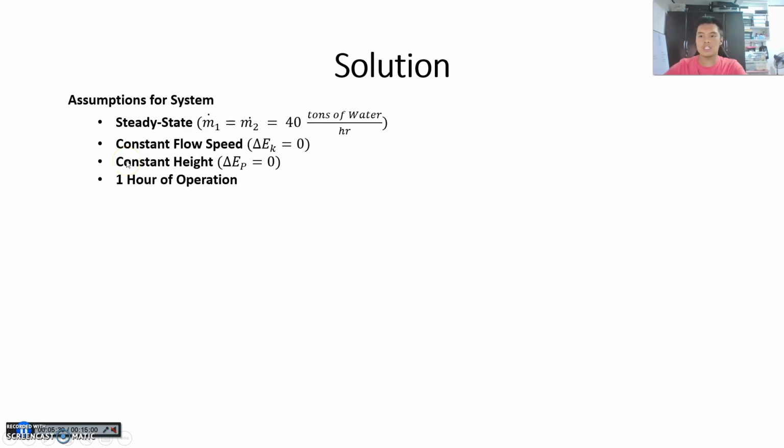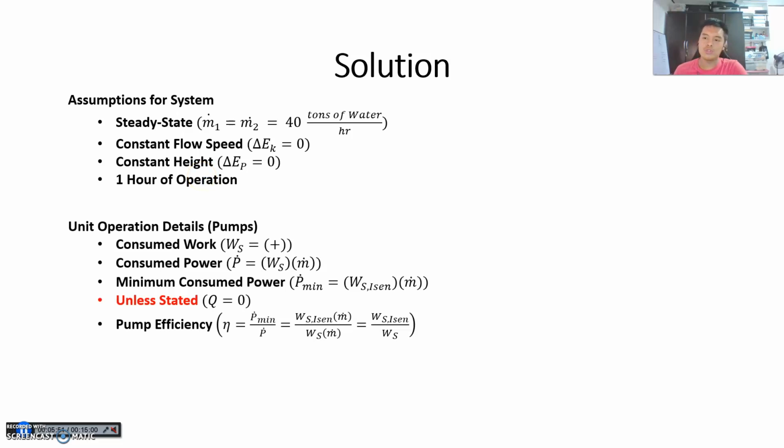We also assume constant height, meaning the pipelines in and out of the pump are at the same height, let's say ground level, so the potential energy change is also 0. And since the mass flow rate is per hour, we will also assume 1 hour of operation.